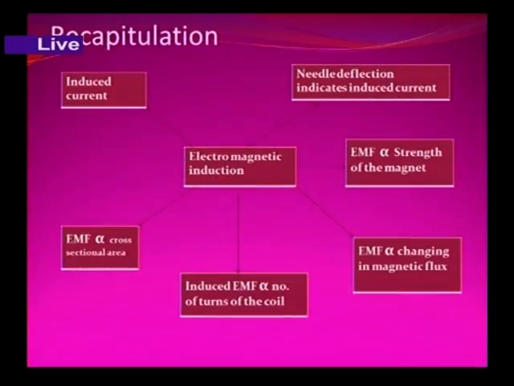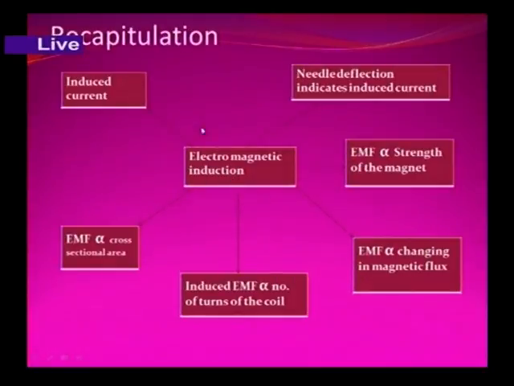All of you, look into this PPT. Our concept is electromagnetic induction, right. Electromagnetic induction means we induce the current under the effect of electricity and magnetism. So it is said to be electromagnetic induction.